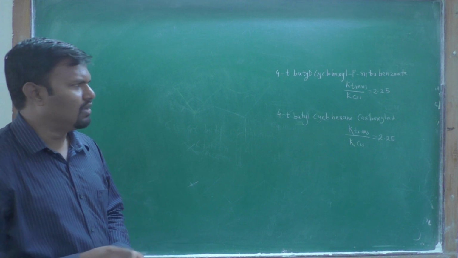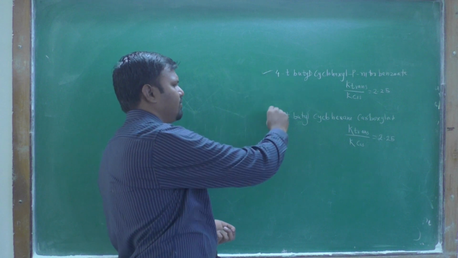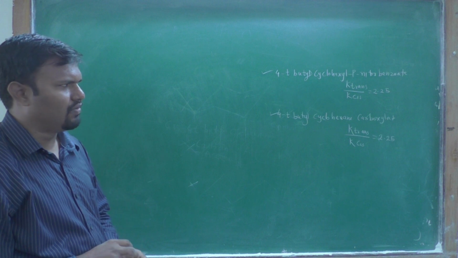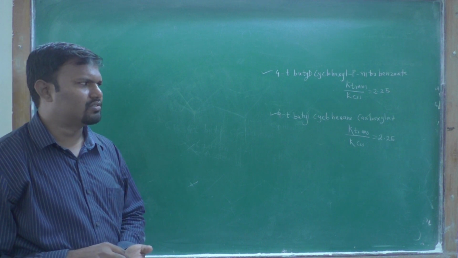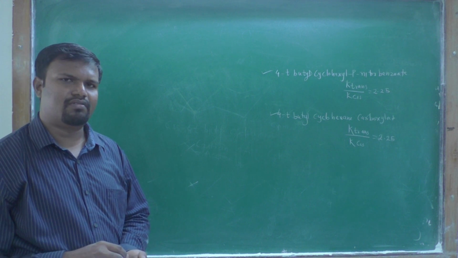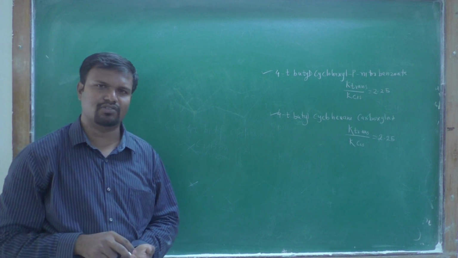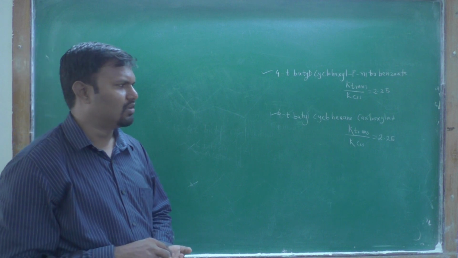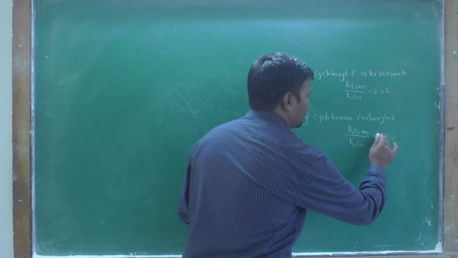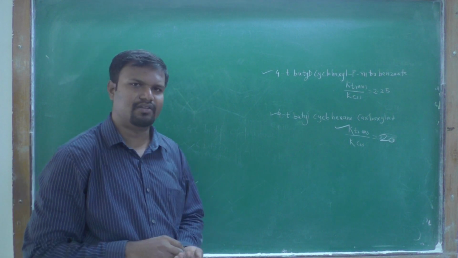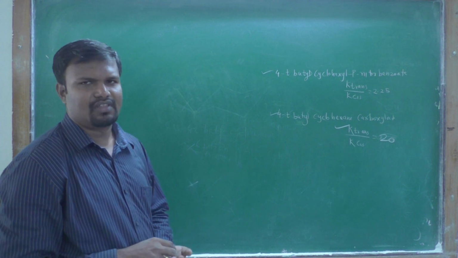We have these two types of reactants, and you found that the rate of reaction of the trans isomer is higher than the rate of reaction of the cis isomer. In this case it is 20 times faster: k trans is 20 times faster than the cis.